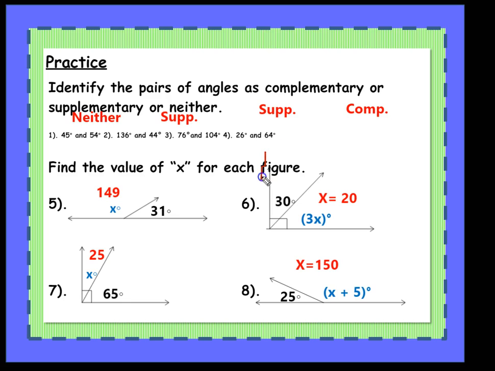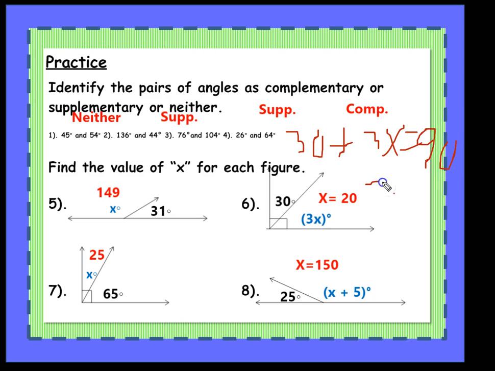Number 6, they see that they have a right angle right here, so they know it's going to be complementary. The two angles in there, so this 30-degree angle and this 3x degrees angle, are going to add up to equal 90. So that equation looks like this. 30 plus, sorry for this handwriting, it's with my finger, plus 3x equals 90.